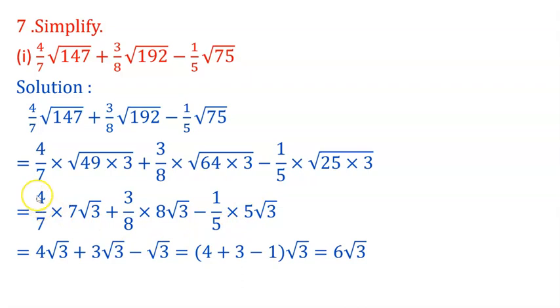Then what you will get here? 4 root 3, next 3 root 3, and next minus root 3. 4 root 3 plus 3 root 3 is 7 root 3, minus 1 root 3, then you will get 6 root 3. Or you can take root 3 as common, then in the bracket you will get 4 plus 3 minus 1. 4 plus 3 is 7, minus 1 is 6, and hence 6 root 3 is the answer.